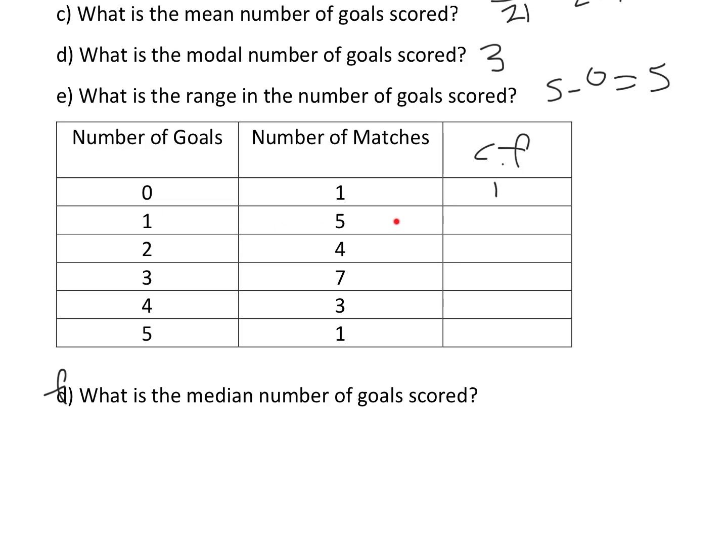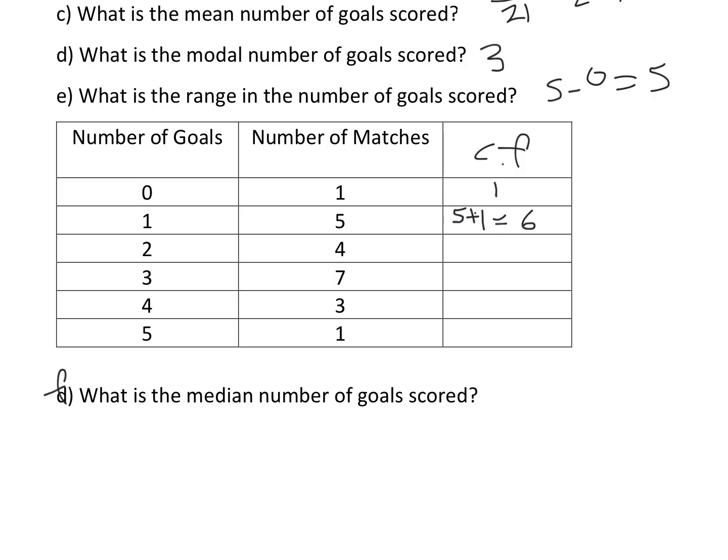Then the next row is not just saying how many matches had 1 goal scored, it's 1 goal or less. So we've got the 5 matches where 1 goal was scored, plus the 1 match where no goals were scored. So there were actually 6 matches where 1 goal was scored or less.